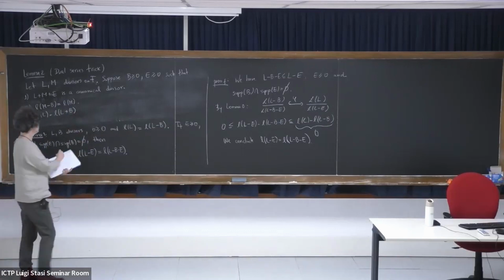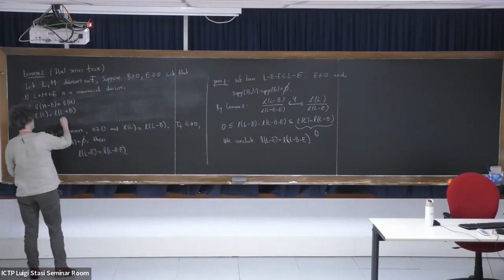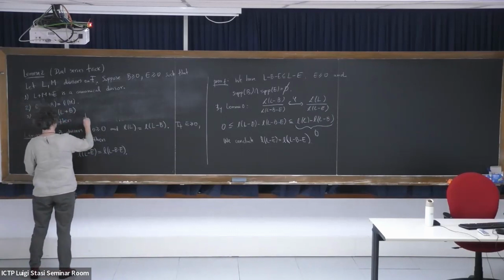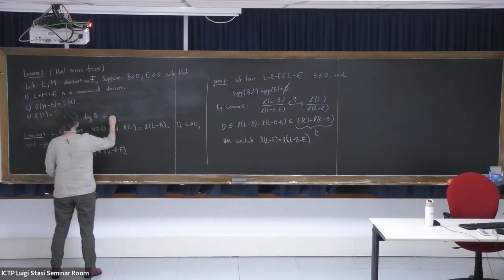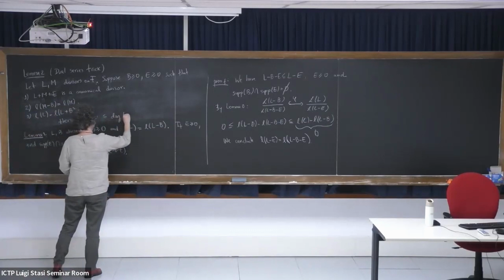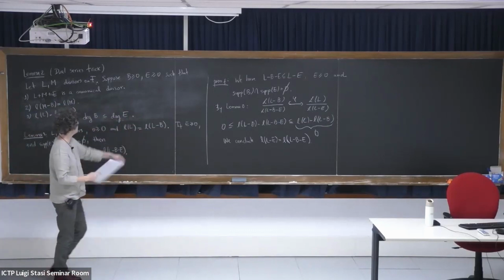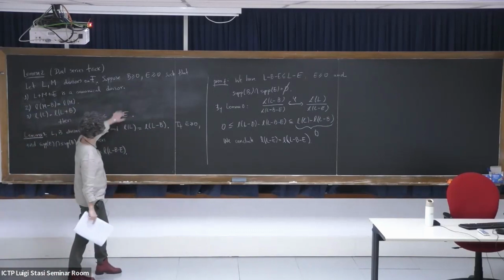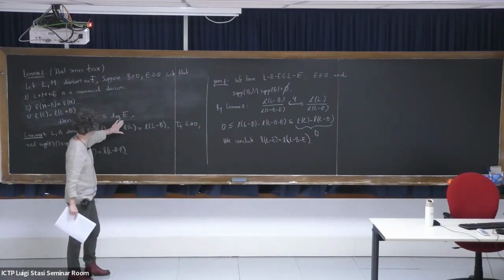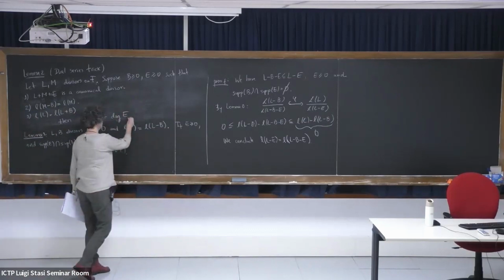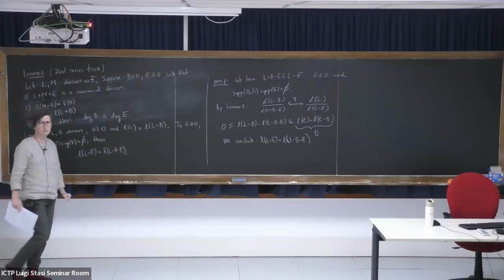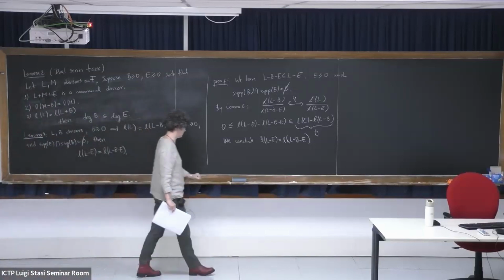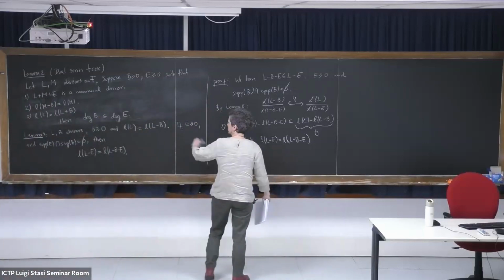If this all happens, then we can conclude that the divisor B has degree smaller than the degree of E. They were both effective, but B has to have a smaller degree. This is the result we are going to use to improve the lower bound on the minimum distance of the codes. So let's prove this.